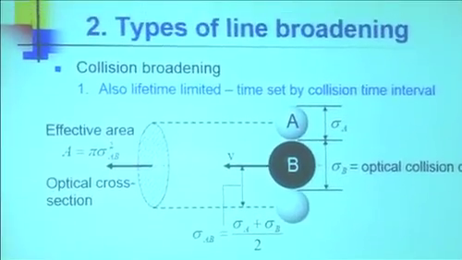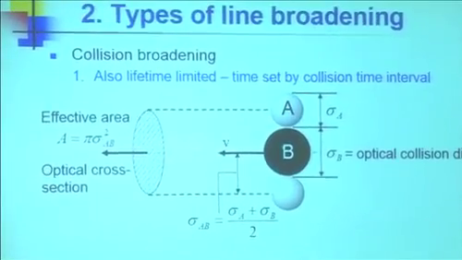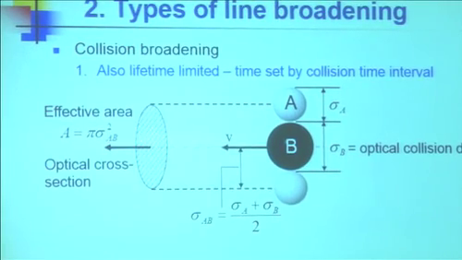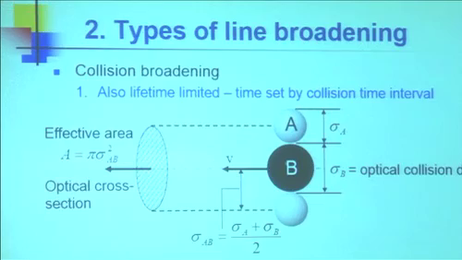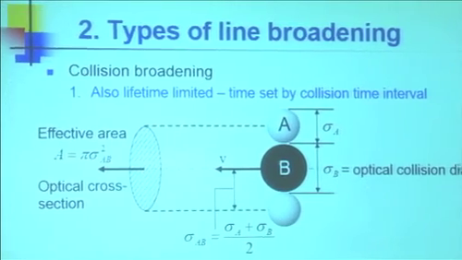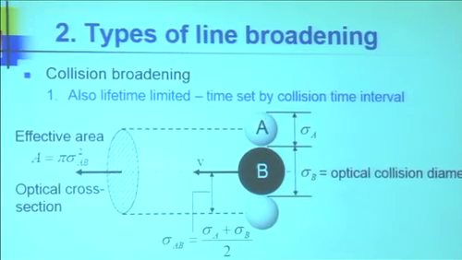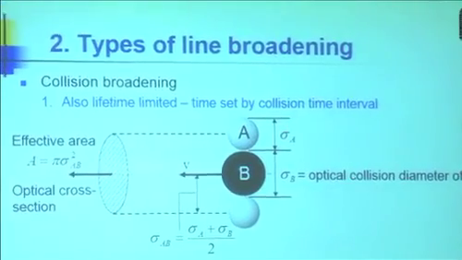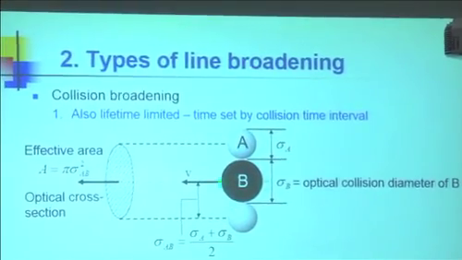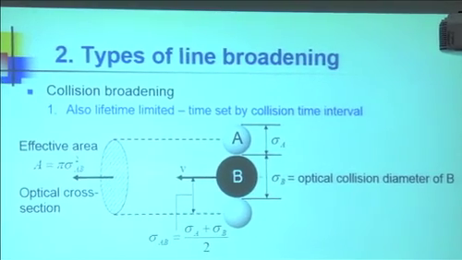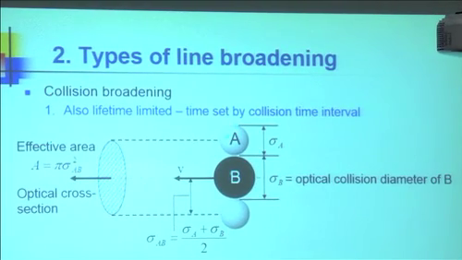Now, more important than the natural broadening is collision broadening. If you've had kinetic theory, you'll know that we can talk about collision frequencies in terms of a hard sphere collision frequency idea. We imagine a big molecule B more or less sitting, not moving around too much, and some small molecules A coming by, or A's being fixed and B coming by.